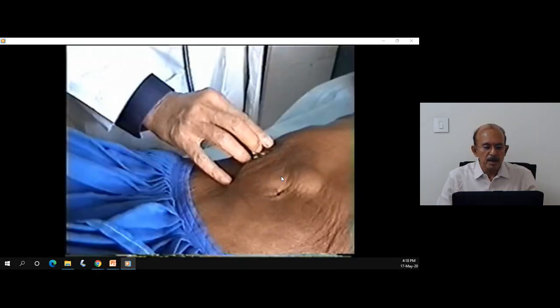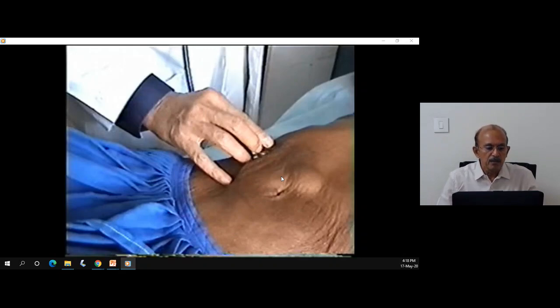Can a neoplasm give a bruit? Yes, when do you get a bruit over a neoplasm? Whenever it is highly vascular. For liver swellings, hepatocellular carcinoma is one of the very vascular tumors.